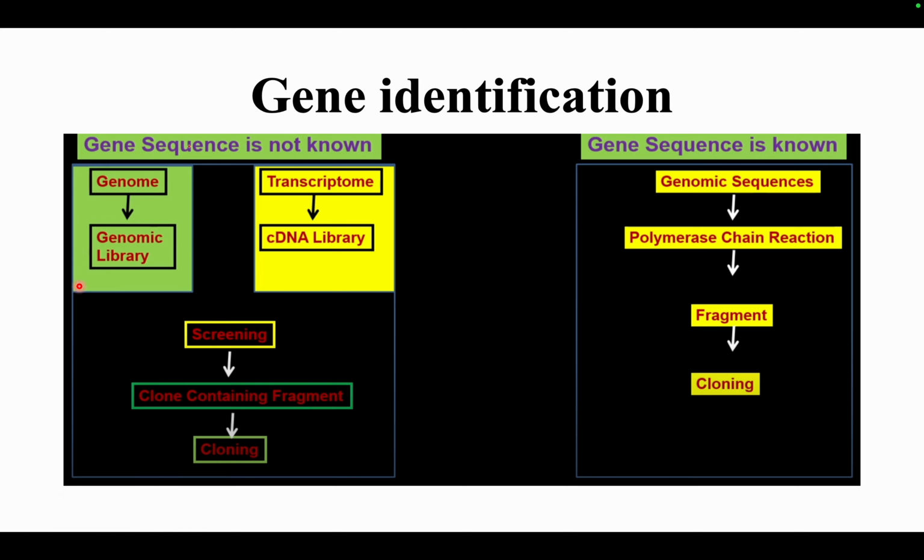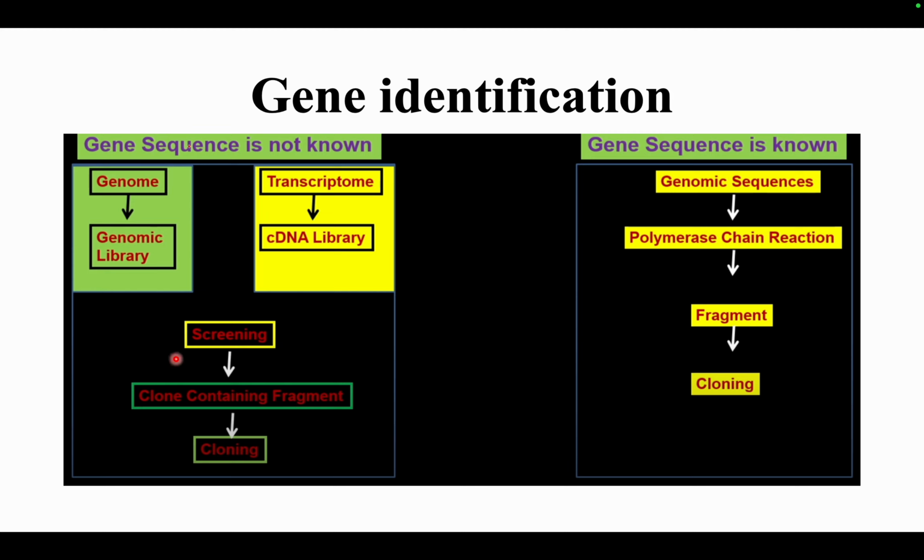A genomic library is to be chosen when we are specifically targeting a particular sequence in the genome, whereas the cDNA library, as you can see here, is basically when we target the transcriptome, that is the expressed proteins in the cell. So if you are looking at the transcription level, we'll go for the cDNA library, whereas if you are looking at the gene level, which are not captured in the mRNA or in the transcriptome, we'll go for genomic library.